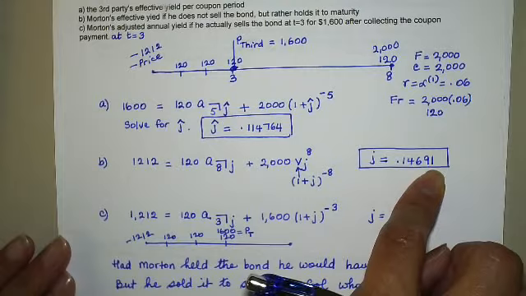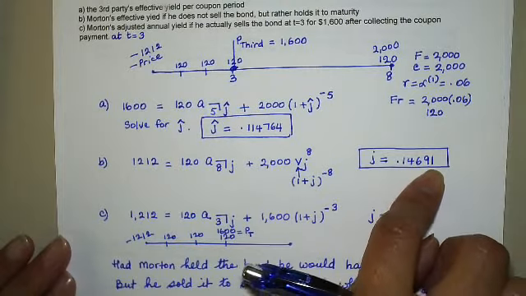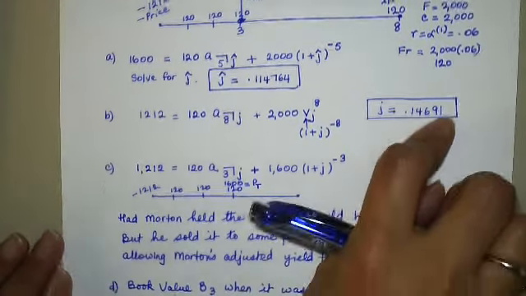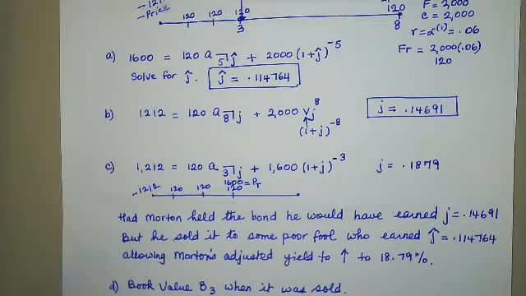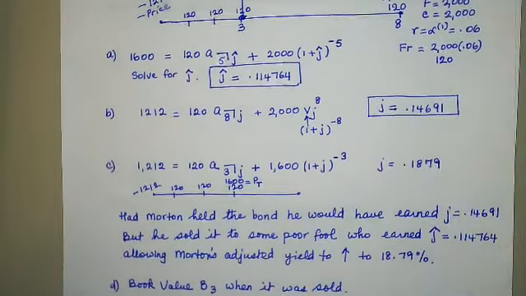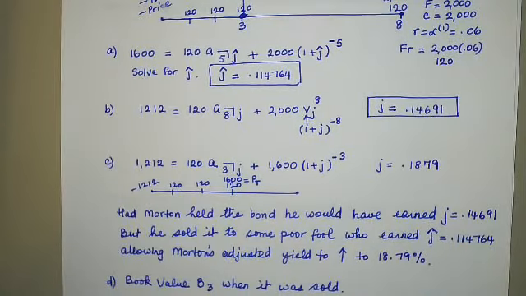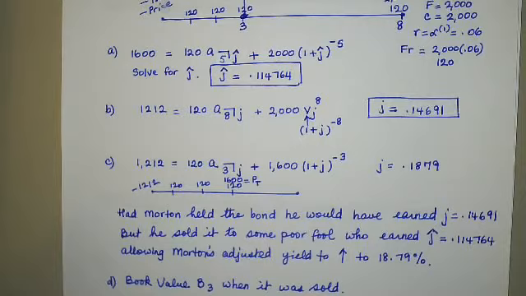It was sold here at time 3 with 5 coupons remaining and a redemption of 2,000 remaining, and the yield at that time was this, 0.14691. Assuming that he held it to maturity, that was his yield. So can we find B3?